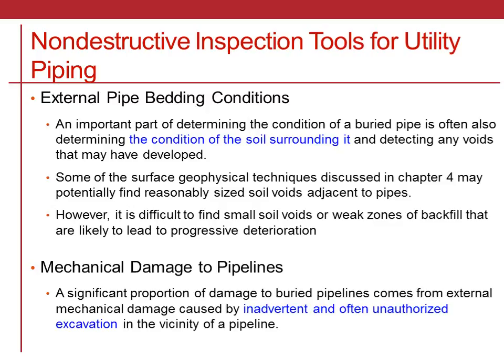Next, a significant proportion of damage to buried pipe comes from external mechanical damage caused by inadvertent and often unauthorized excavation around the pipe. This damage is not directly of interest to the current report, but detection of existing mechanical damage can be an important part of utility characterization.